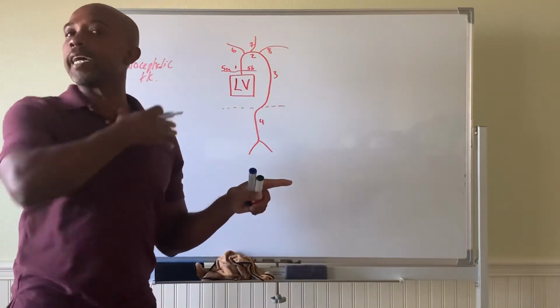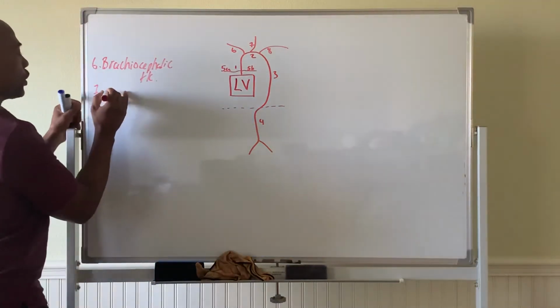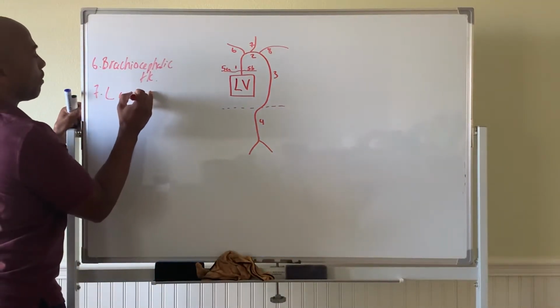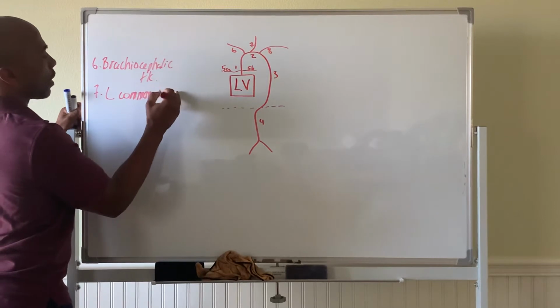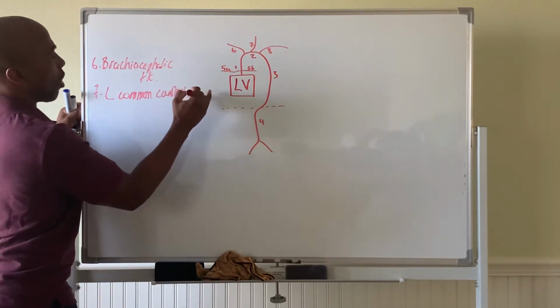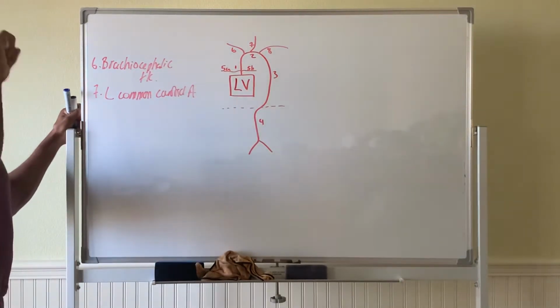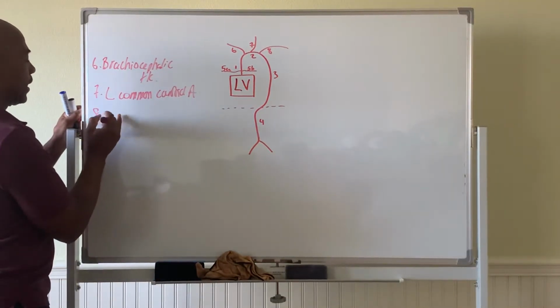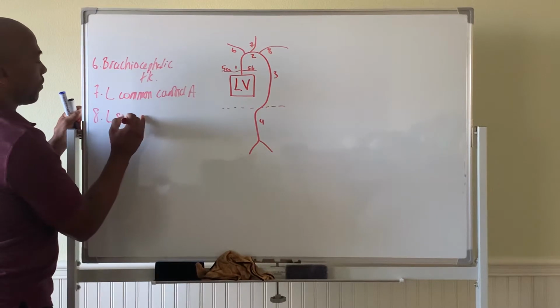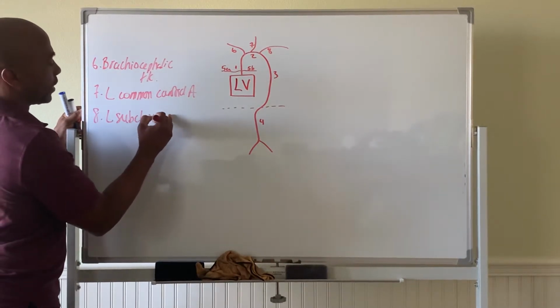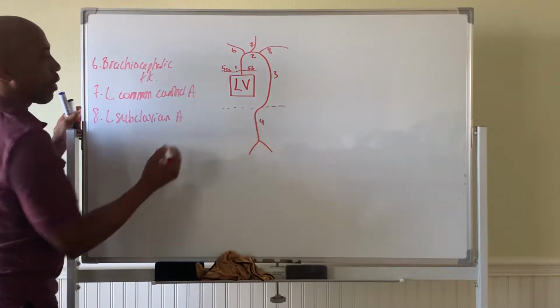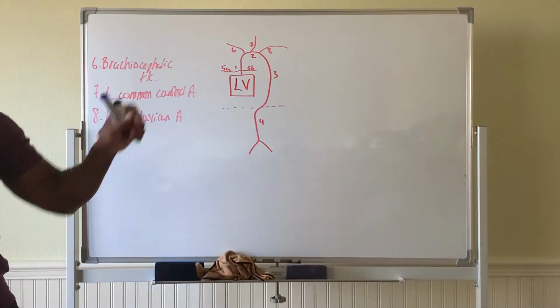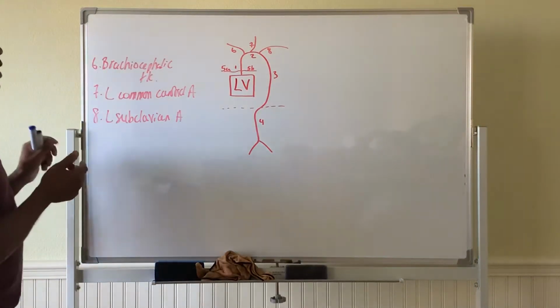To the left side, you have 7, which is your left common carotid artery, carrying blood up to the neck on the left side. And 8 is your left subclavian artery, carrying blood to the left side, especially the left upper limb.